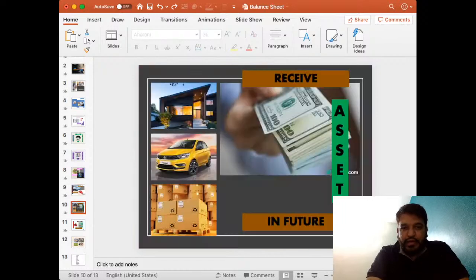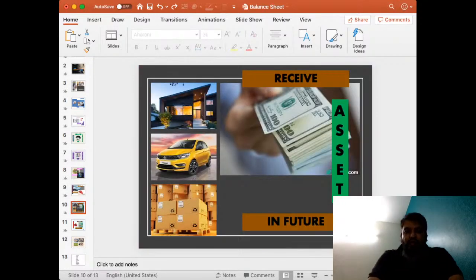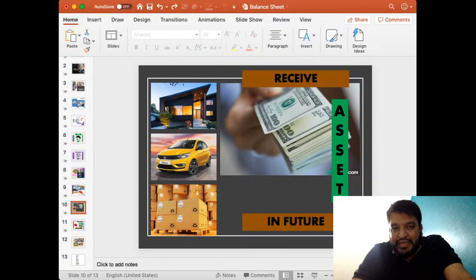Okay, now let's see what an asset is. An asset may be directly in cash form, or it could be a building, a motor car, goods stock in hand, goods that you have.